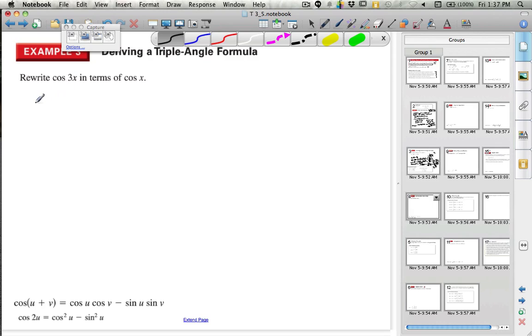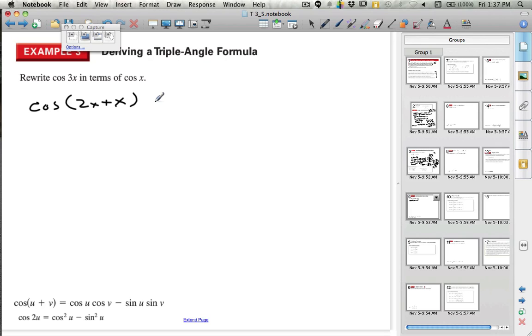So I could start off by writing this as cosine of 2x plus x, which will allow me then to use the sum formula that I have down here, which will make this the cosine of 2x times the cosine of x minus the sine of 2x times the sine of x. So I could start there.